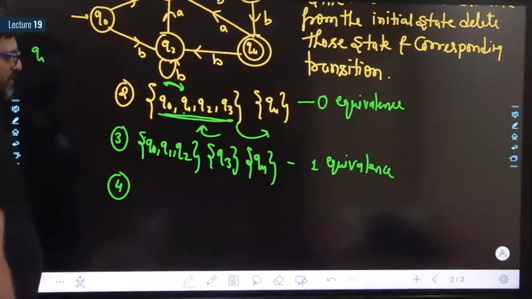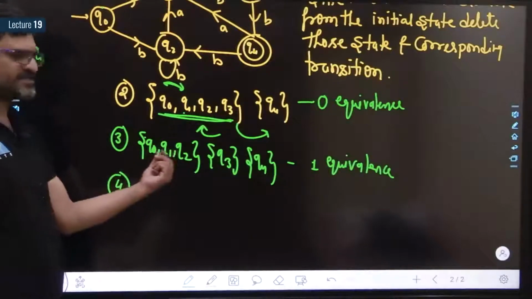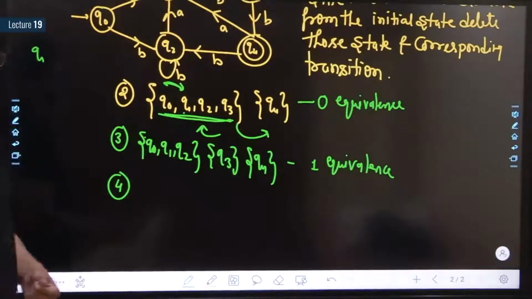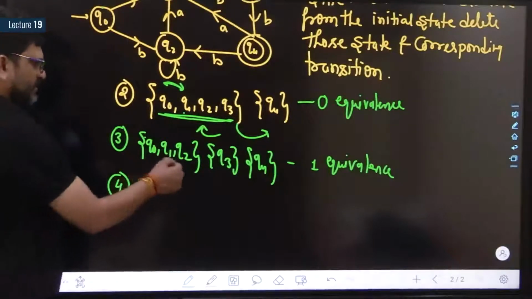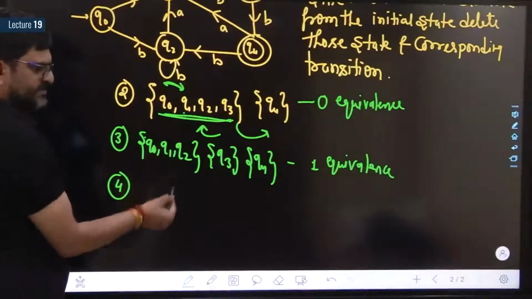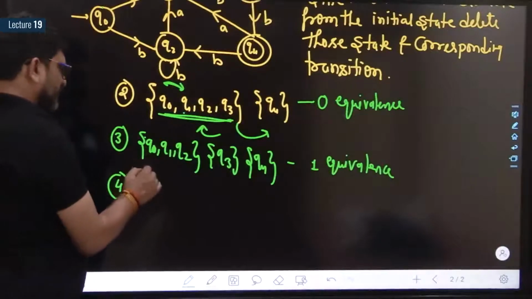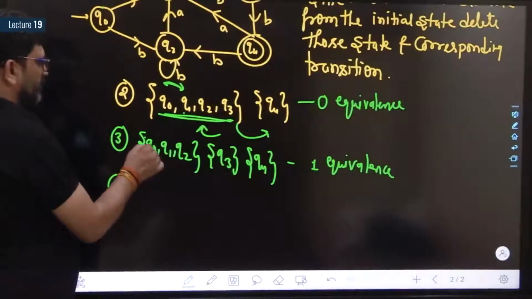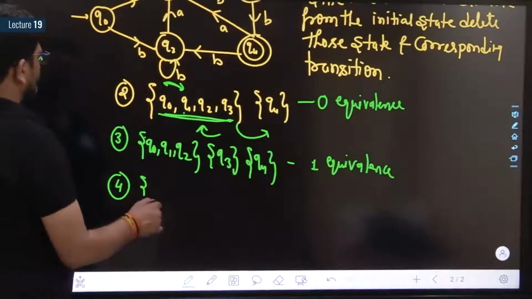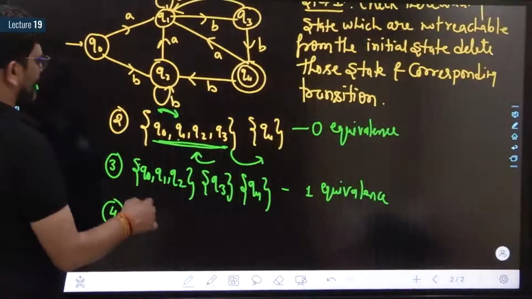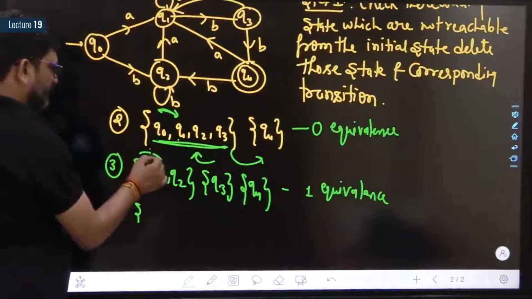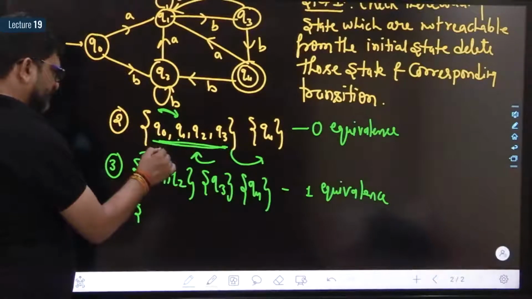Fourth. Check whether these three states are 2-equivalent or not. Now check: what is the transition of Q0 on A? This set.